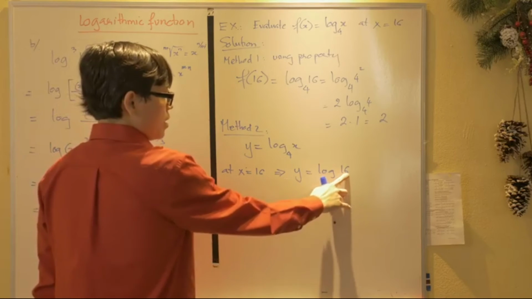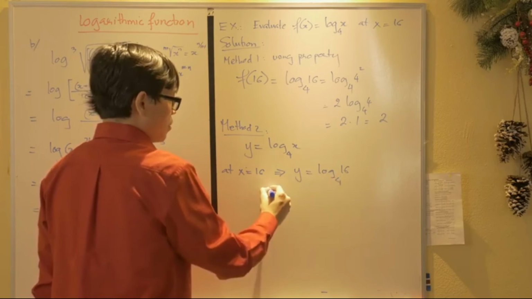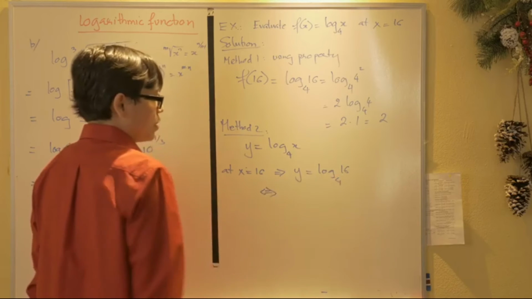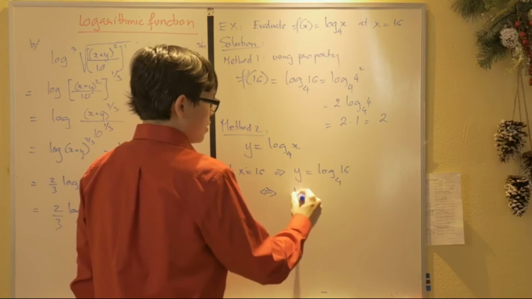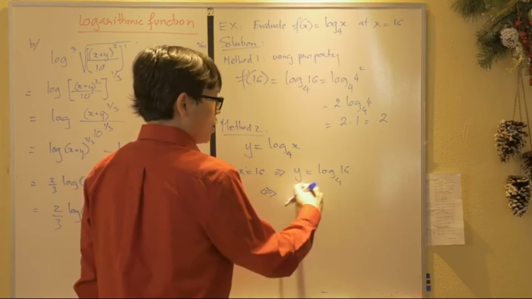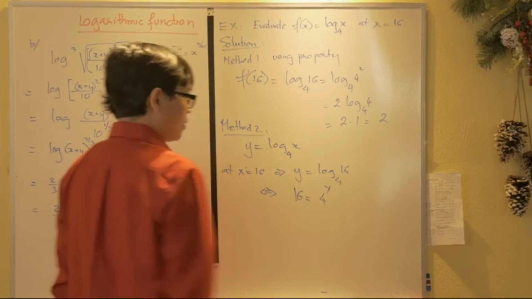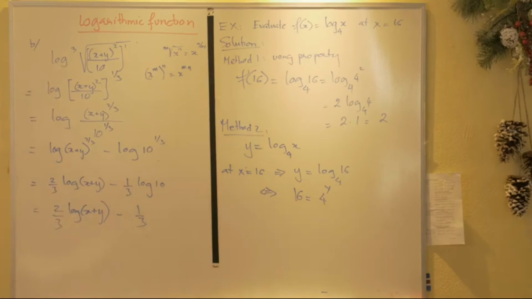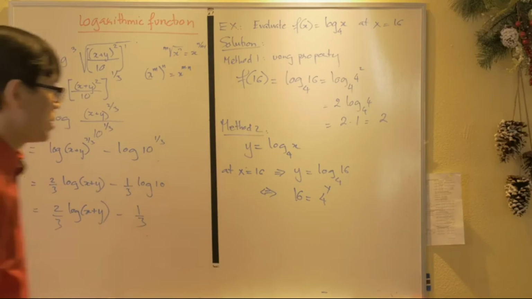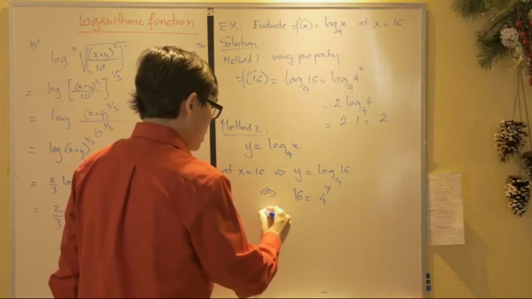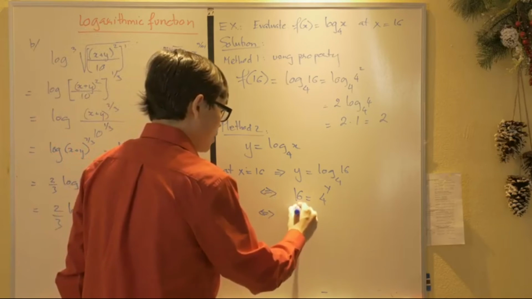This is b, this is x, so this is equivalent to x equals b to the y, so 16 equals 4 to the y. And we use the equivalence property to get y. So 16, I can change it to 4 squared.